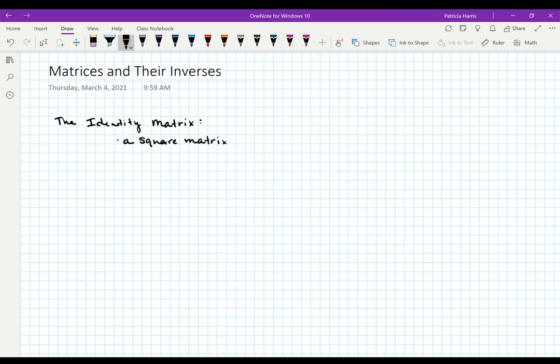So it's 2 by 2, 3 by 3, 4 by 4, and it has zeros in the lower left-hand corner, ones across the main diagonal, and then zeros on the upper right corner.